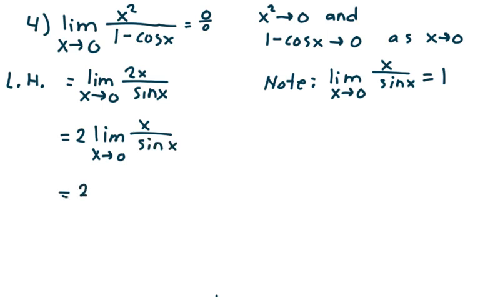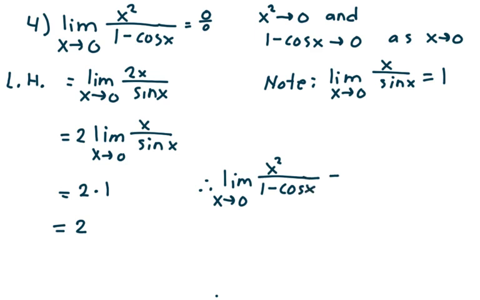But this is equal to 2 times 1, which is equal to 2. And so, therefore, the limit as x goes to 0 of x squared over 1 minus cosine x is equal to 2. That's example 4. Let's take a look at example 5.